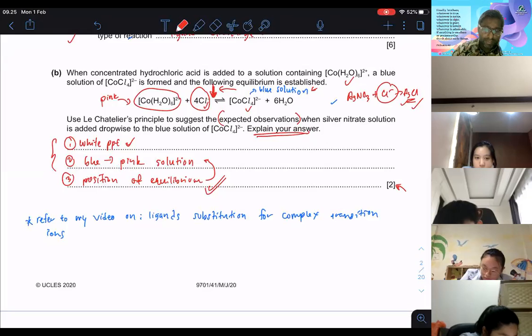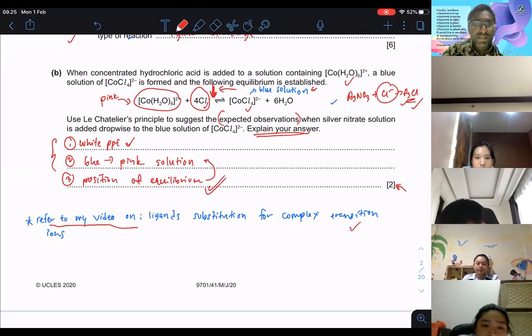Now for this one, because we are discussing cobalt ions, I still want you to refer to my video on ligand substitution for complex transition ions. So this is the exact title. Maybe later, if I upload this video, I will put it in the description, or I will send it in the WhatsApp group as well.